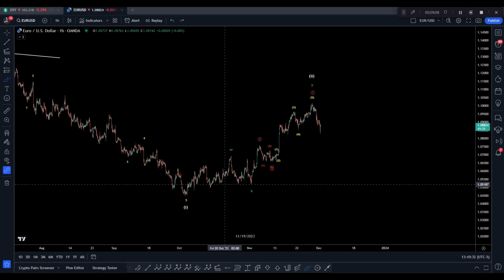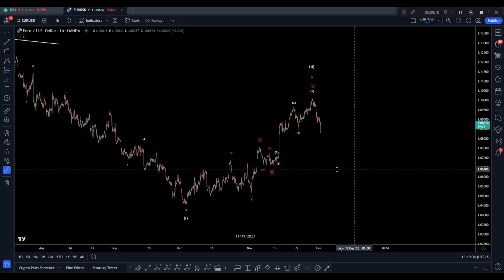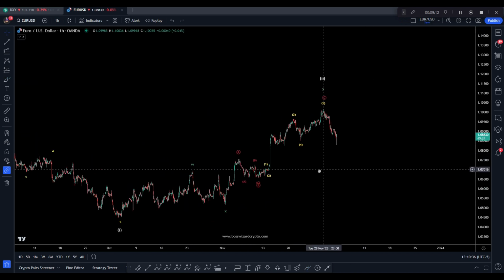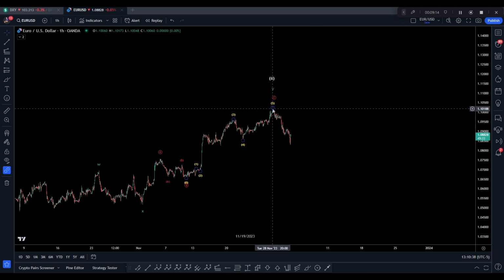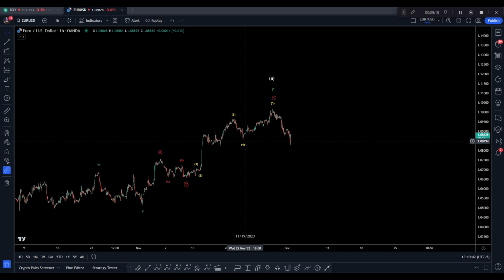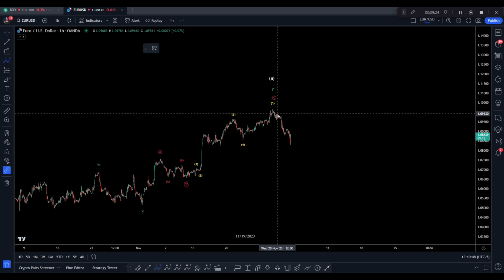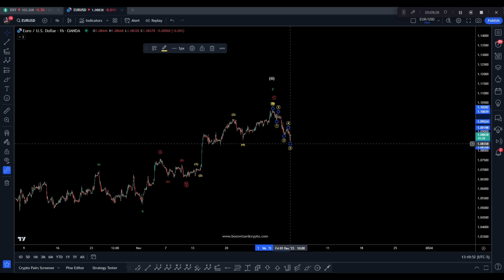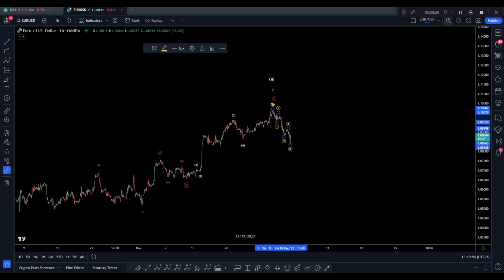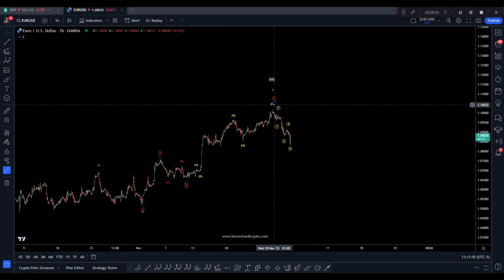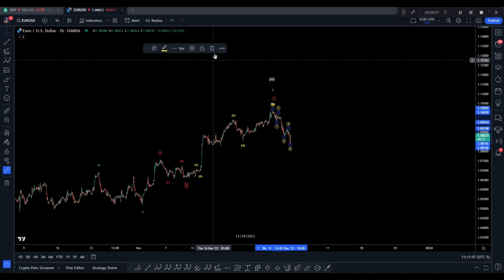Okay. But as you can see, we're getting the same result that off of this high now, we have now broken the structure in 5 waves. 1, 2, 3, 4, 5. Therefore, the expectation is that you're going to get a 3-wave pullback.